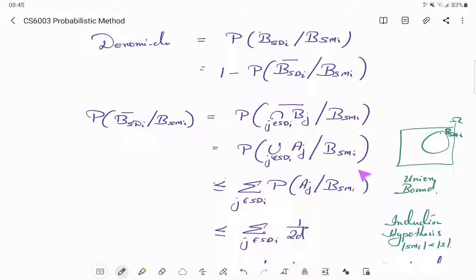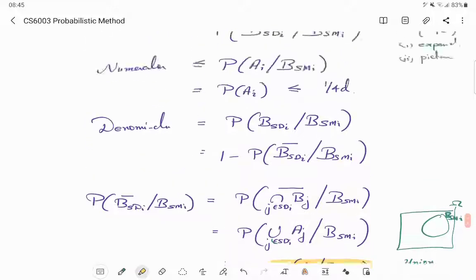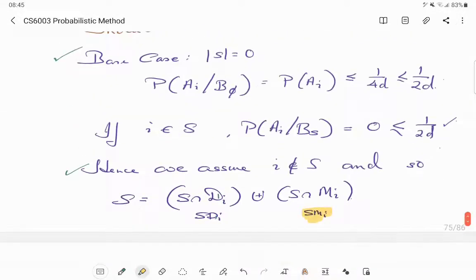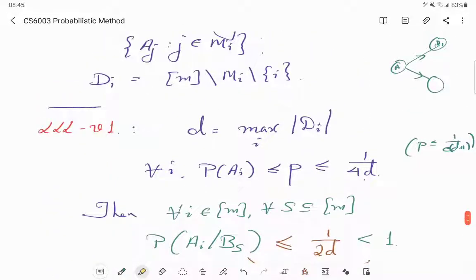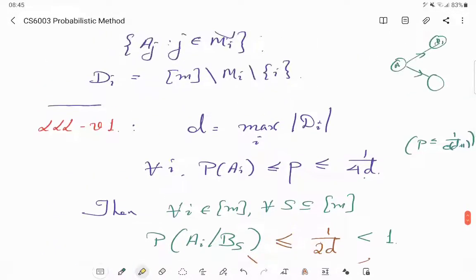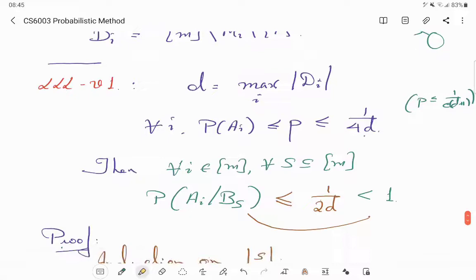But now these terms, this is where we are going to use the induction hypothesis. These are already covered by our induction hypothesis, because remember, our induction hypothesis is for all I in M and for all subscripts S, this is true.